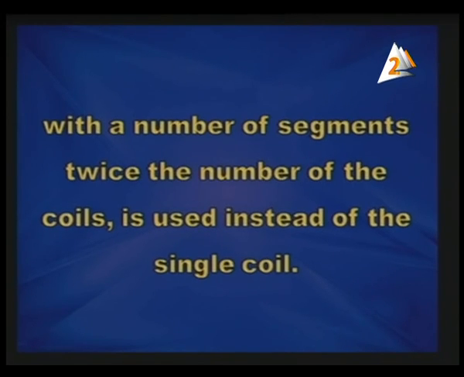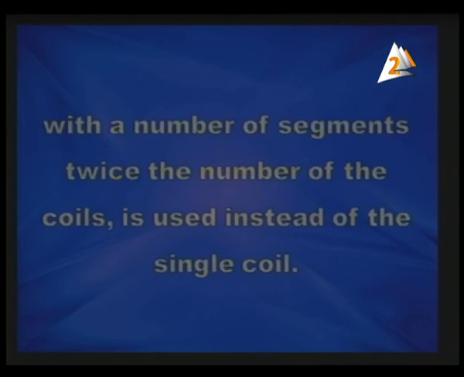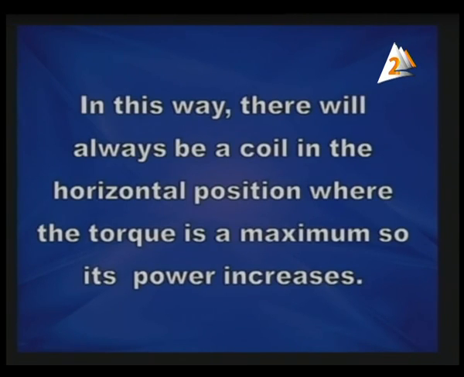Why does the power increase when we use a set of coils and a commutator divided into a number of segments twice the number of coils? In this way, there will always be a coil in the horizontal position, where the torque is a maximum. So its power increases.